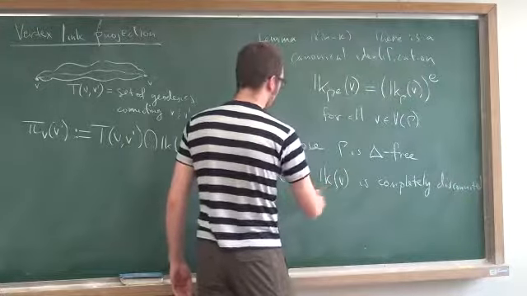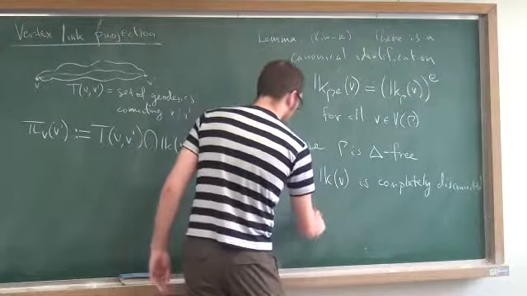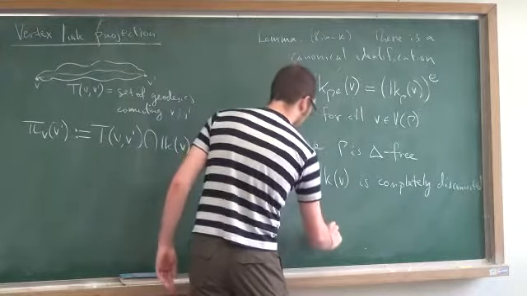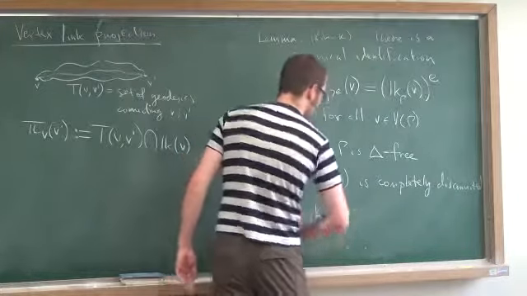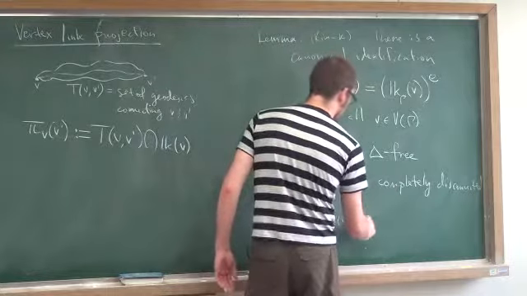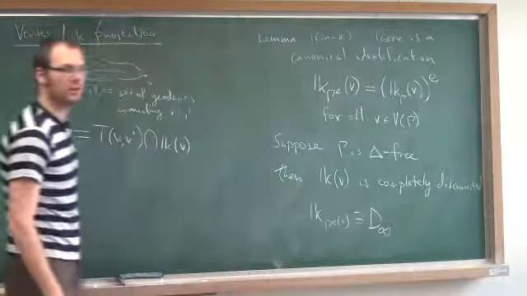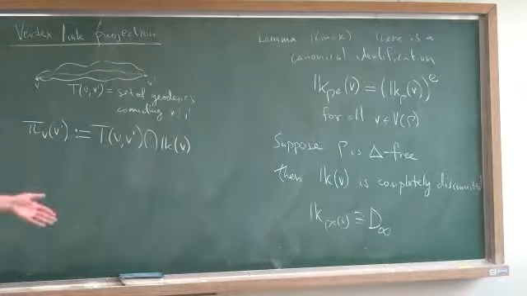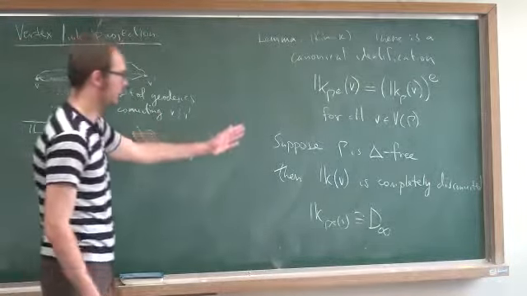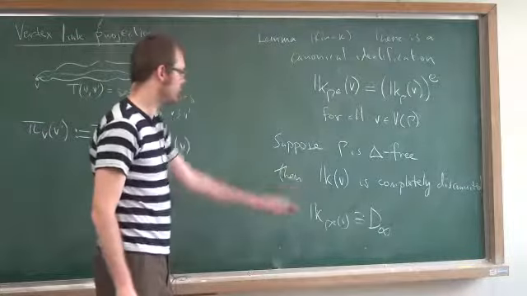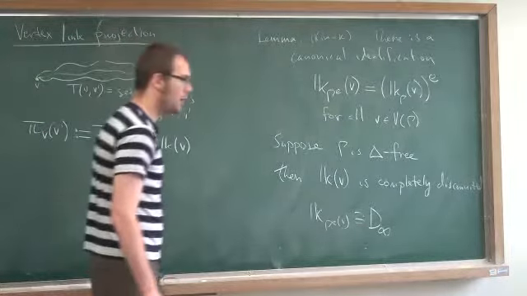And so, in particular, the link in gamma^E of v is generally just a completely disconnected set with infinitely many vertices. It may just consist of one vertex if v had degree exactly 1, but in general it's going to be like that.